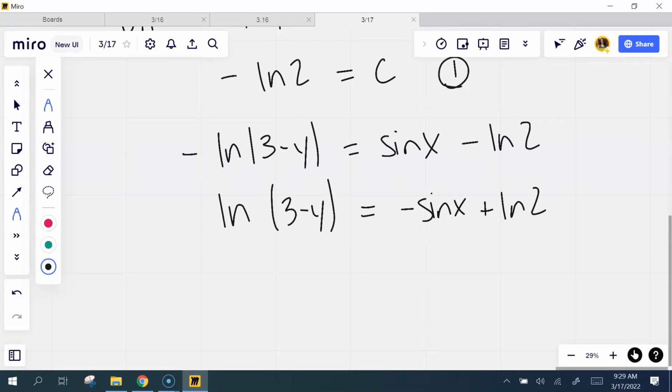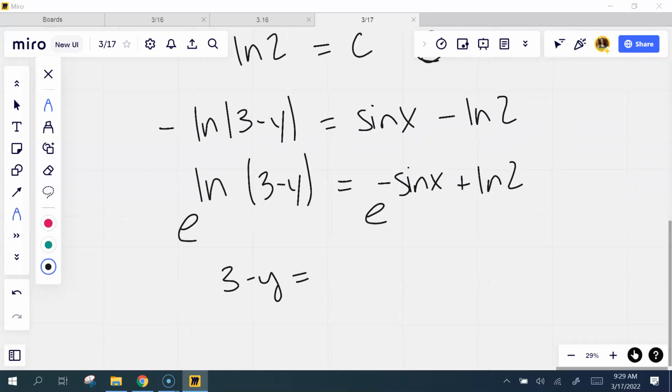I'm going to raise both sides to the e. Good thing this is the last part because this takes the longest and it's only a point. So if you're out of time or whatever. All right, if I raise both sides to e, I have 3 minus y equals e to the negative sine x.